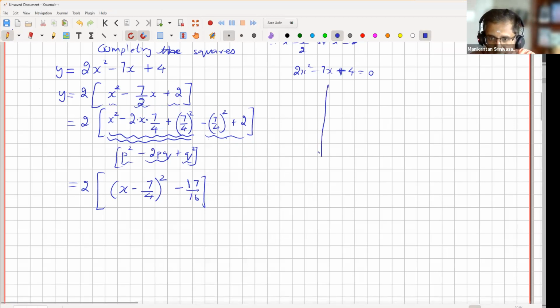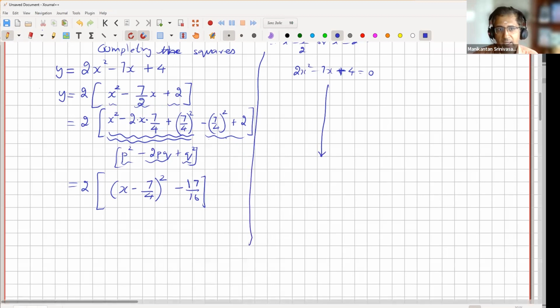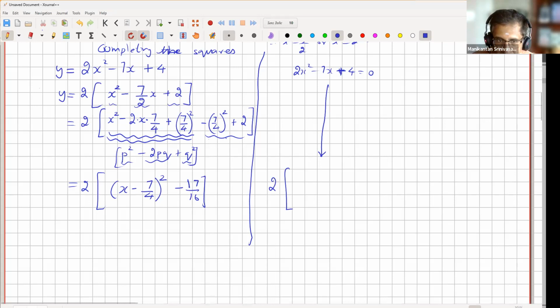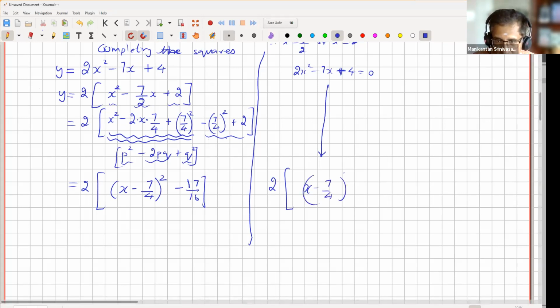The only difference is the right-hand side was 0 in the case of an equation, and in the case of an expression, it was just a free floating expression. So I'll just use the same simplification and say 2 times x minus 7 by 4 whole square minus 17 by 16 equal to 0.